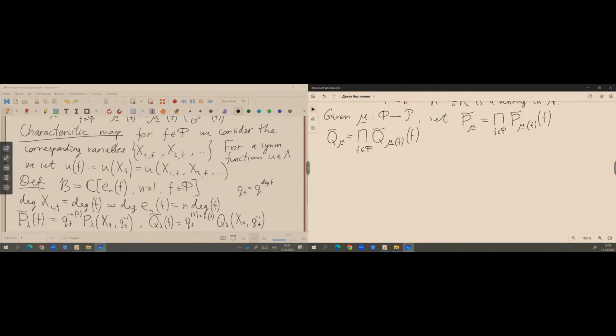Okay, and then this is a renormalization of the Hall-Littlewood polynomial.